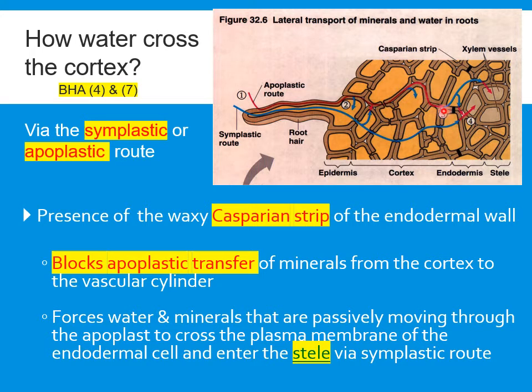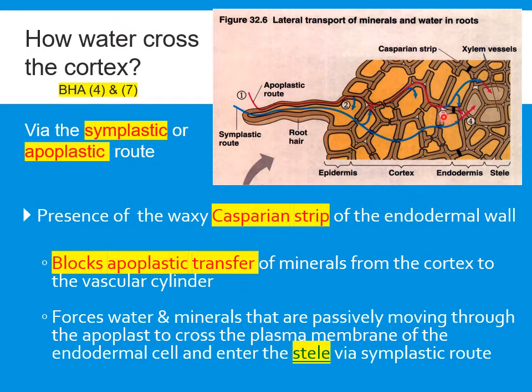Okay. However, when it reaches the endodermis, where there is the Casparian strip, right? This Casparian strip is very important. It is waxy. Waxy means it does not allow the penetration of the apoplast movement just now. The water just now followed the cell wall, right? But once it reaches the endodermis, there is a barrier there. So what happens to this water that goes into this root?